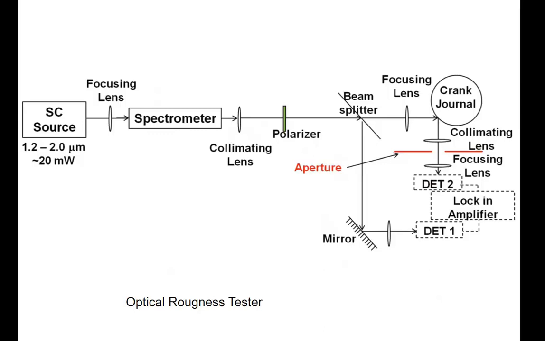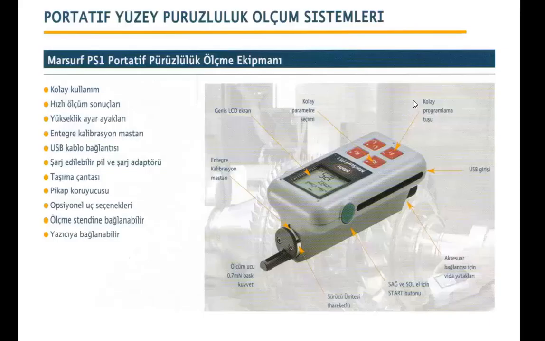Non-contact profilometers use optics. Its working principle is a little bit sophisticated. In this photograph, we have a contact type profilometer. Today we can find an LCD display in the design of profilometers.